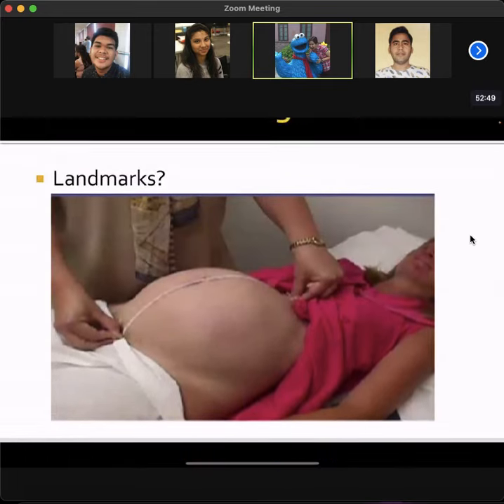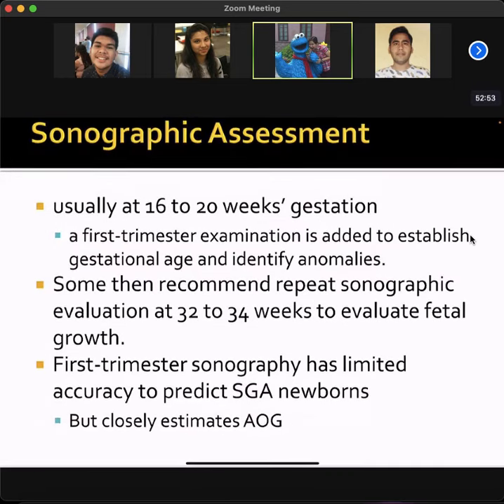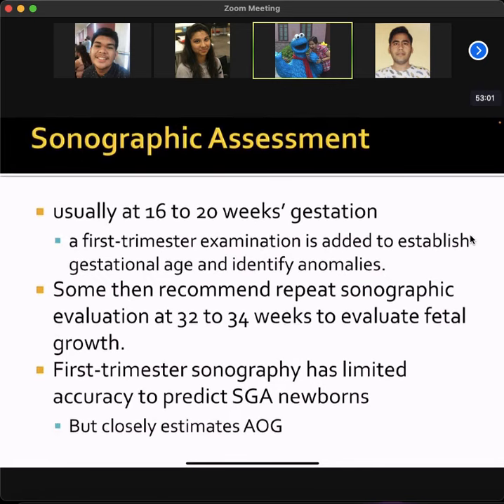So aside from this, our next step is to do sonographic assessment. The earlier, the better. The sonographic assessment in low-risk patients is usually done at 16 to 20 weeks age of gestation. Earlier in high-risk pregnancies. So first trimester examination is added to establish gestational age and identify anomalies.